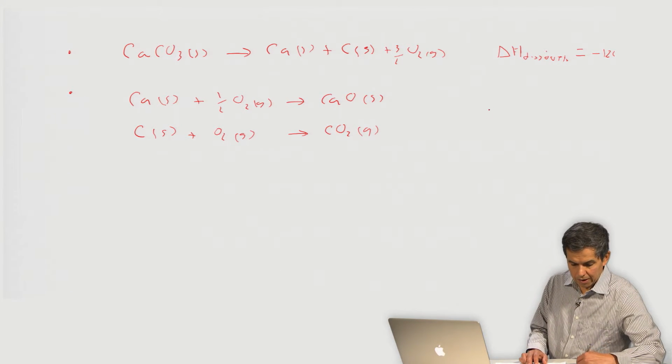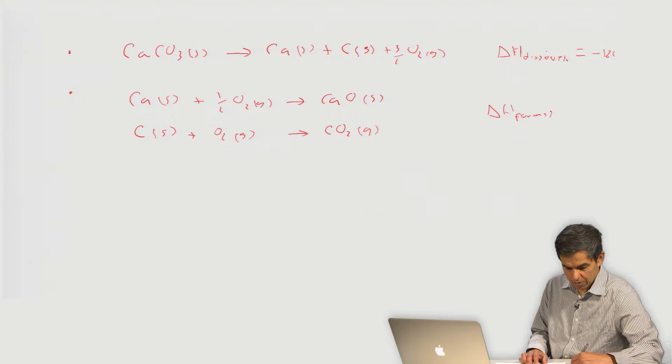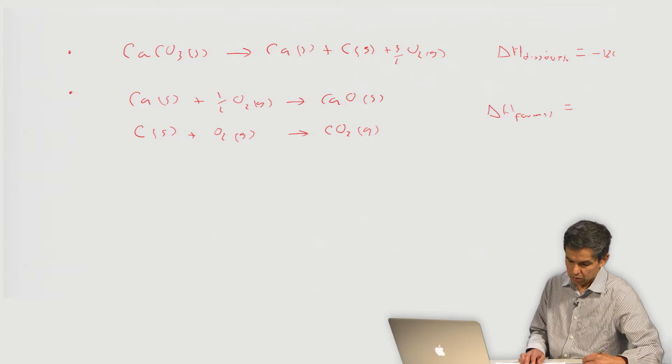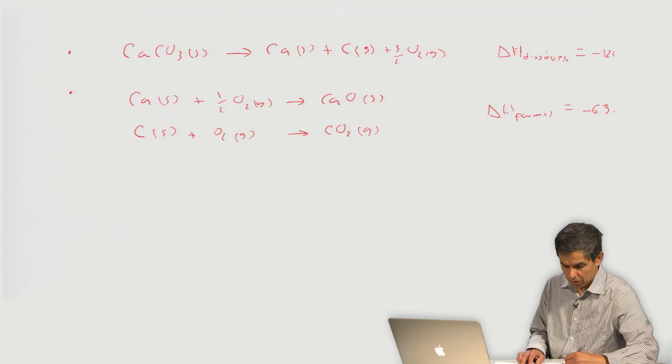The delta H of formation for the first reaction corresponds to minus 635.1 kilojoules. The delta H of formation for the second reaction corresponds to minus 393.5 kilojoules.